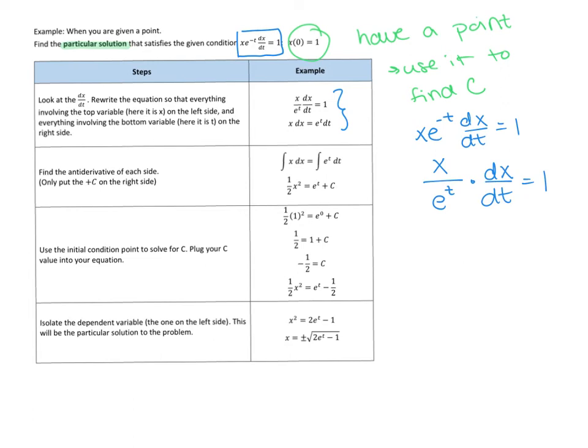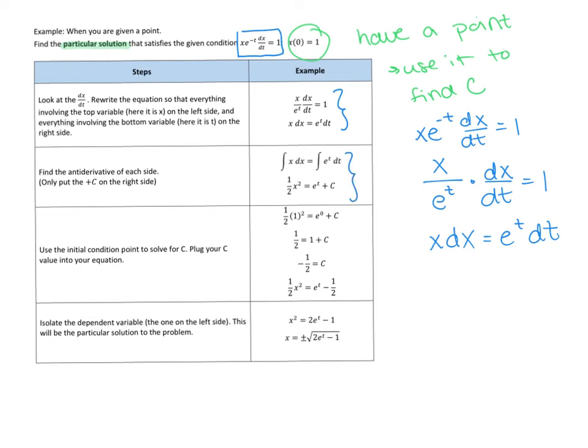Since they're in the denominator on one side of the problem, they would be in the numerator of the other side. Or really, I would multiply both sides by e to the t dt. So the 1 is gone because it's really 1 times e to the t dt, which we don't have to write. So now, taking the antiderivative of both sides is the step in here.